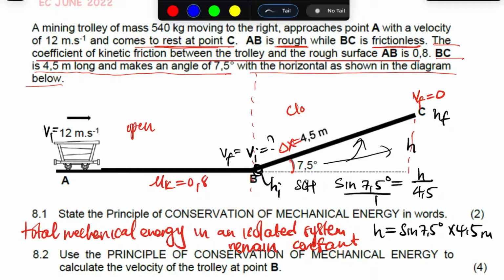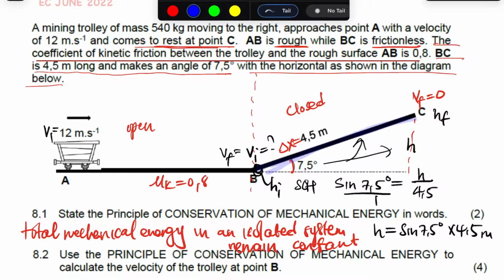So we qualified to use the conservation of mechanical energy here, even if they didn't tell us, because this track is a closed system. Why we can't use it here is because this is an open system. In an open system where there are non-conservative forces like friction, we cannot use the conservation of mechanical energy.